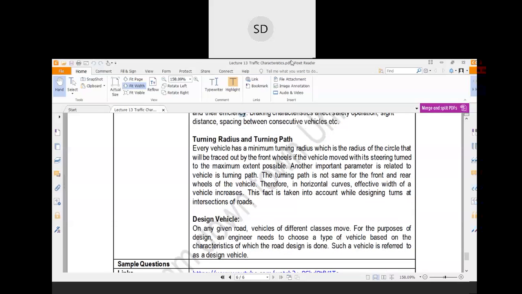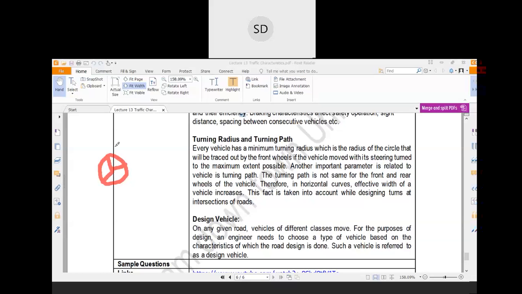Now coming to the next portion, turning radius and turning path. Let us discuss what turning radius is. Suppose you are driving a vehicle, and this is the wheel which you rotate to make the vehicle change its direction.